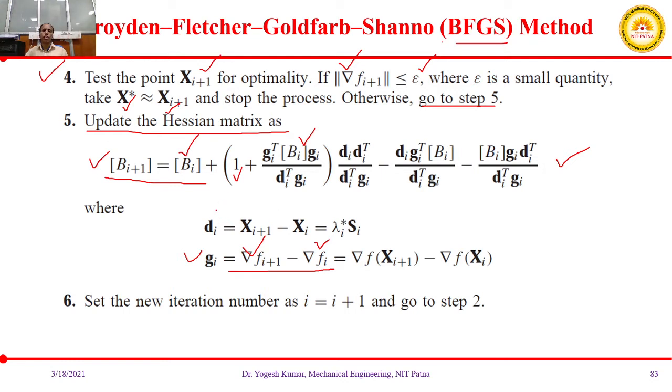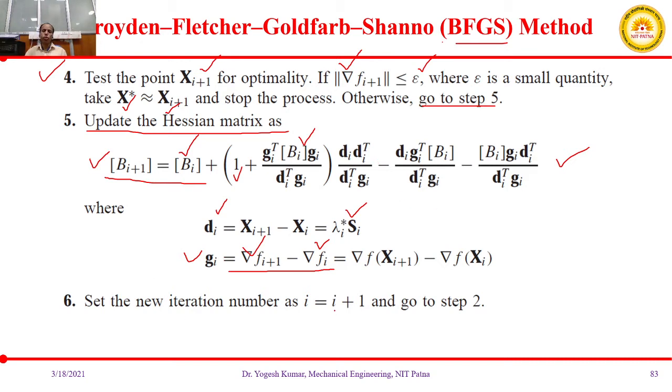And di is calculated as xi plus 1 minus xi, which is equal to lambda i into Si. These are all the terms we need to calculate while implementing the BFGS method.